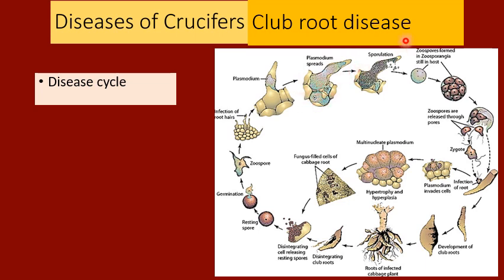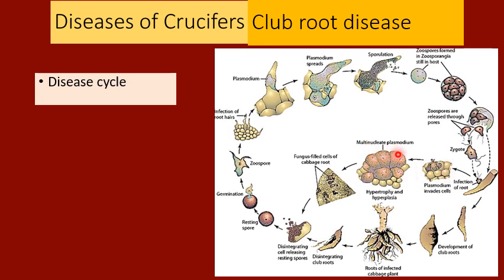Sporulation may happen inside the plants, and after rupturing the sporulated place, zoospores formed in sporangia, still in the host, are released through the pores. Then these zoospores may again infect the healthy tissues, and also Plasmodium invades the other cells of the roots.